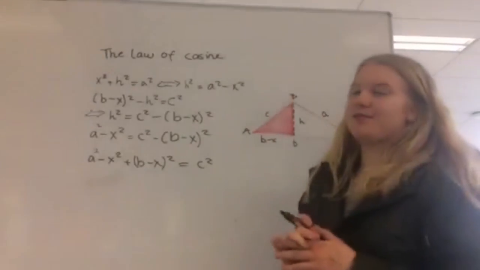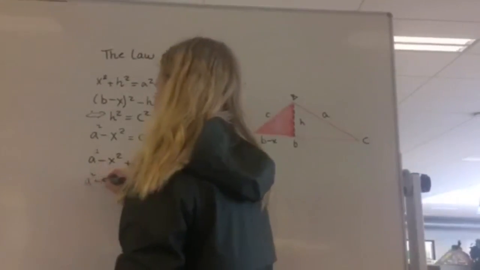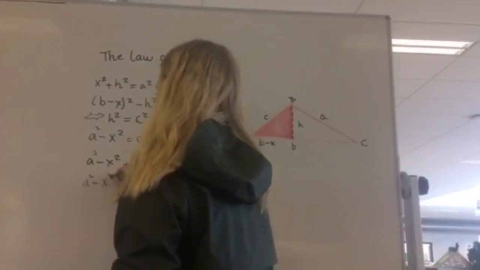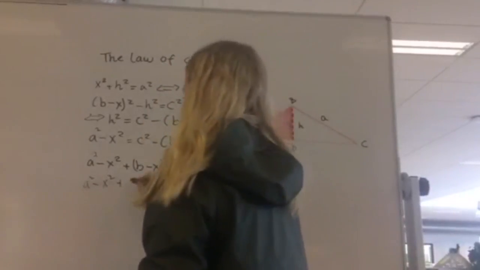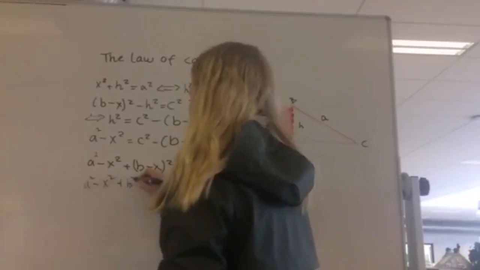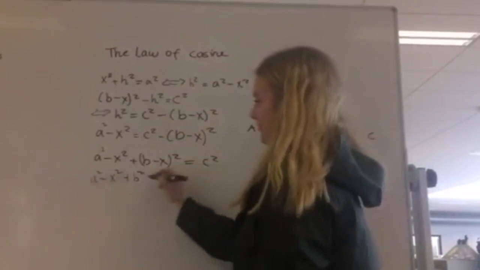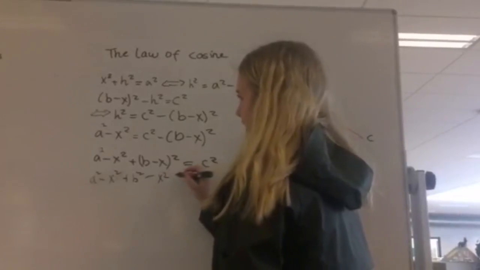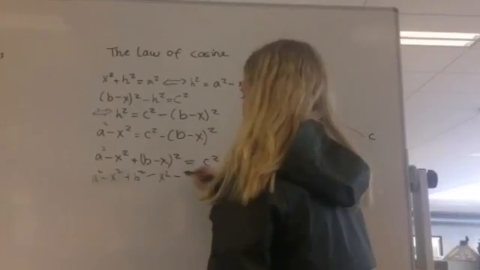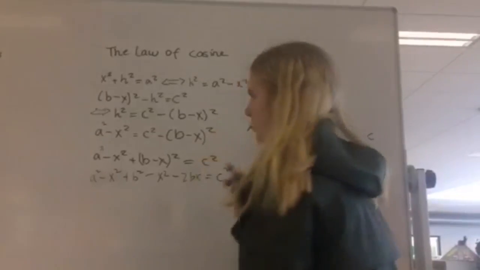We still have to solve the parentheses, and the way we do that is to take a to the power of 2 and subtract x to the power of 2, and then we do some changes, which is b to the power of 2, and x to the power of 2, and then we subtract 2bx, which is equal to c to the power of 2.